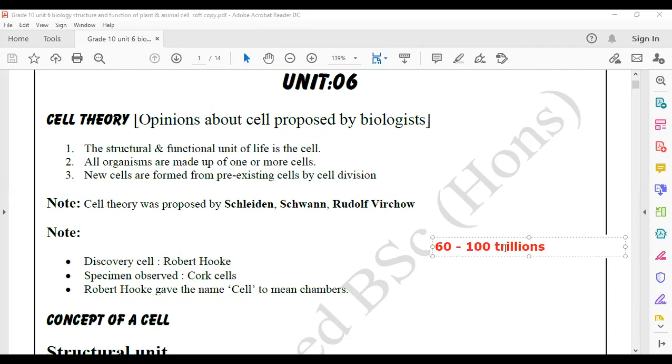Where did you start your journey? And now where are you? Nearly 60 trillion cells, minimum 60, at the cell level.